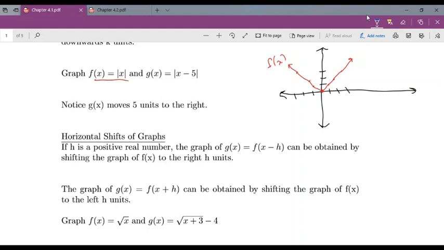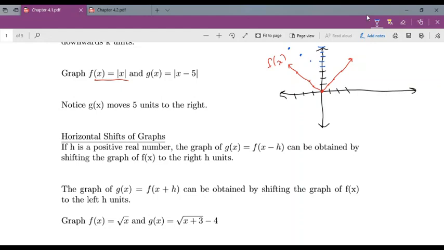So what happens is, if I'm at -3, I need to go up +8. If I'm at -2, I should be at -7 absolute value, which will be a +7. If I'm at -1, it's going to be a 6.